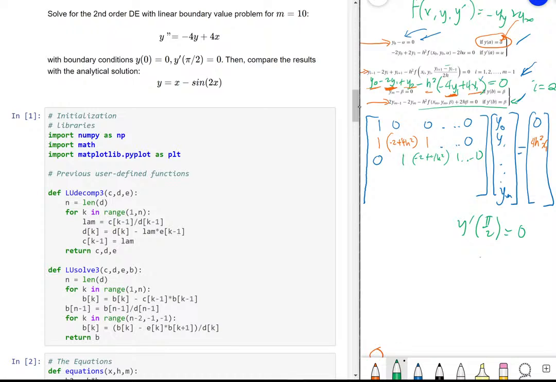So at x equal to pi over 2, y prime is equal to 0, and at x equal to 0, y is equal to 0 based on the given boundary. So this one is based on y of 0 equals 0, then y prime of pi over 2 equals 0.